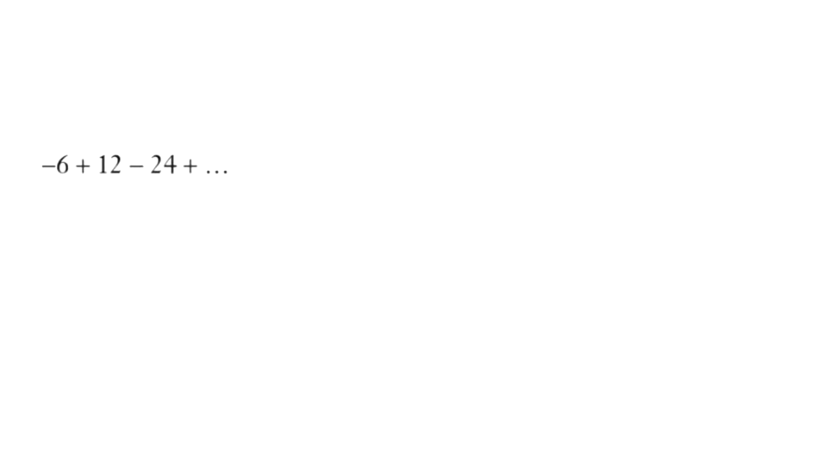So let's do another one here. Notice that this time we're going from negative to positive to negative. So here we start with a negative, positive, negative, positive. There's a pattern going on. And the pattern means, because we're changing signs each time, we're going to be multiplying by a negative number, because a negative times a negative is a positive, but a positive times a negative is a negative.